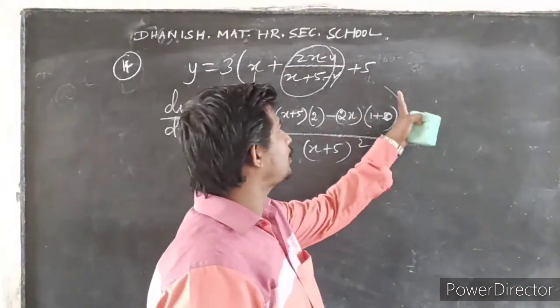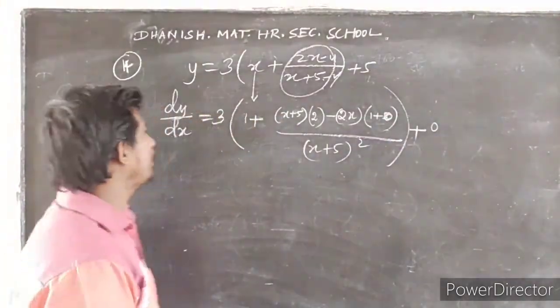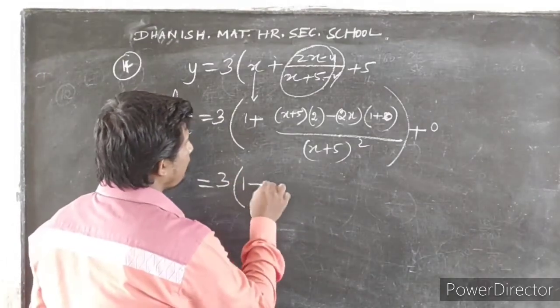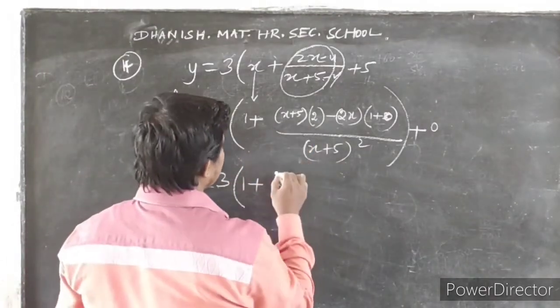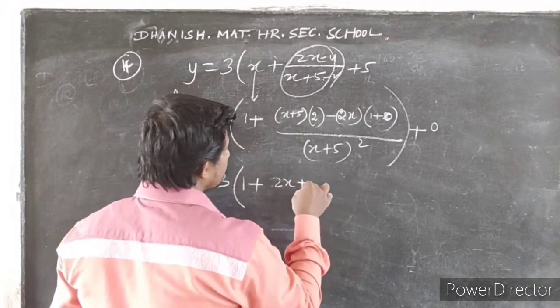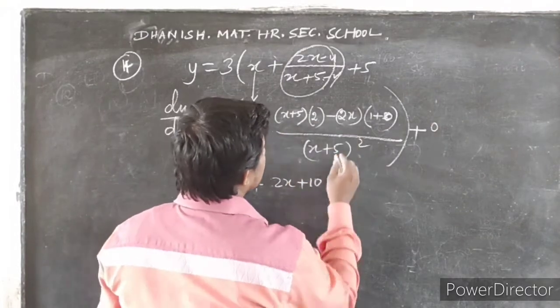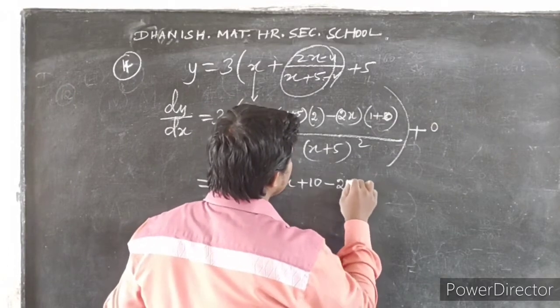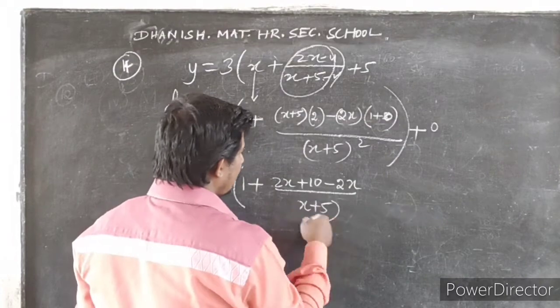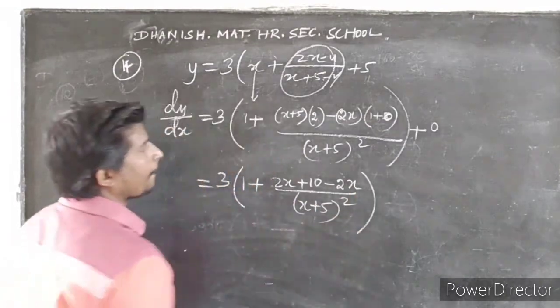So the differentiation of this 5 is 0. Now this is equal to 3 into 1 plus x plus 5 into 2, that is 2x plus 10. Here we will have minus 2x divided by x plus 5 whole square.